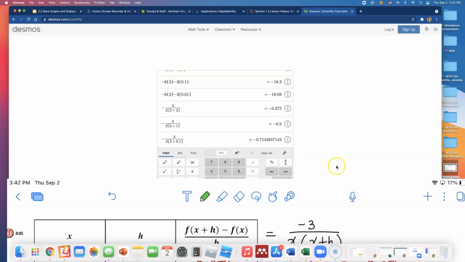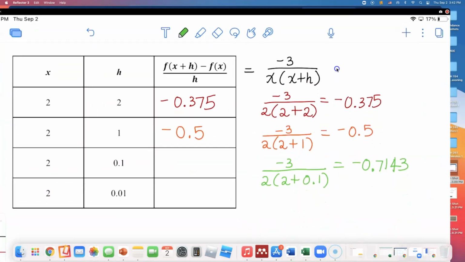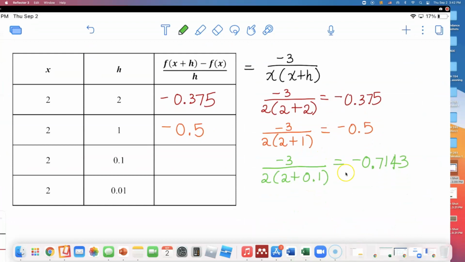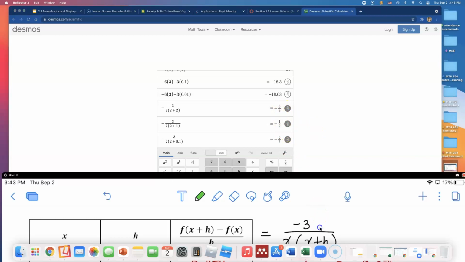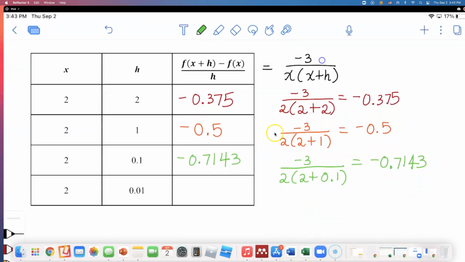I'll just round this to the nearest thousandth. Negative 0.714. It's not accurate. Maybe I should have done fraction. Maybe I should have, but hey. Fraction is not bad. But if I use the fraction, I can't really tell what the numbers are approaching. Like for right now, when I have the decimals, I can see the numbers are getting smaller.